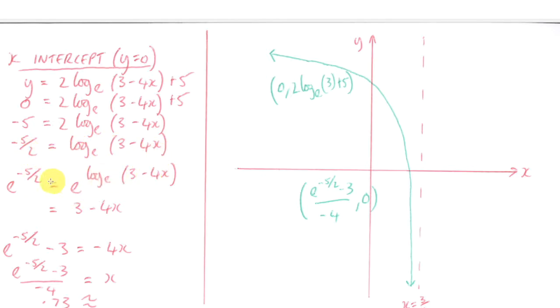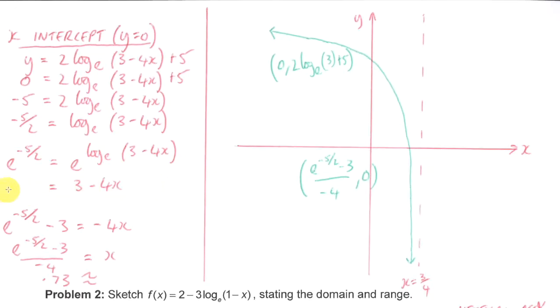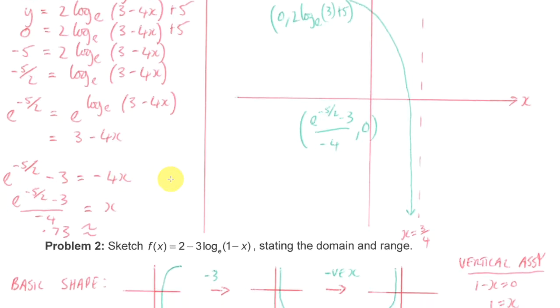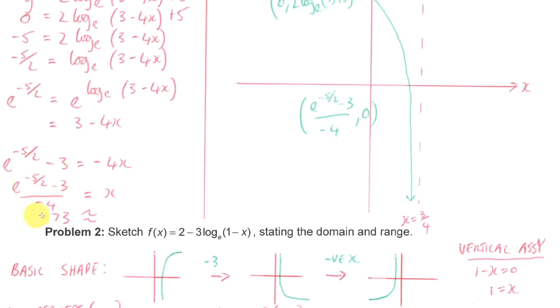So that's in effect doing the same thing. And so I have e to the power of negative 5 on 2. Of course, e to the power of log e just leaves me with 3 minus 4x. I take 3 from both sides, and now divide everything by negative 4. So that's my exact value, which is approximately equal to 0.73.